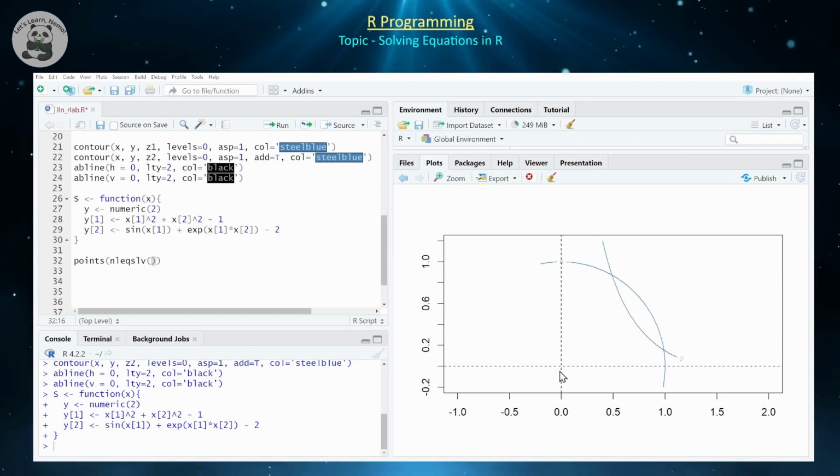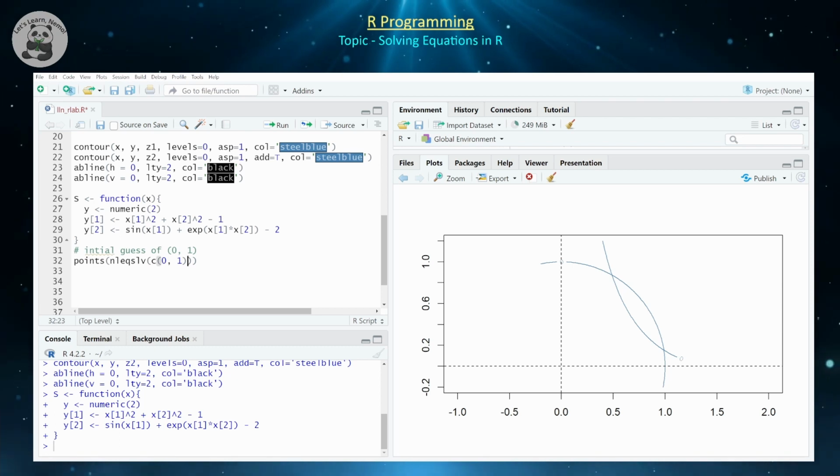So let's guess, for example, 0, 1, somewhere up here, and hopefully it converges to that point up there, about 0.5 for the x and 0.7 for the y, something like that. So this c(0, 1) is our initial guess, right? So our initial guess of 0, 1.